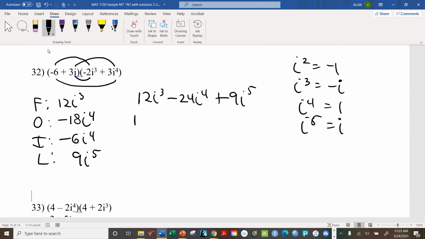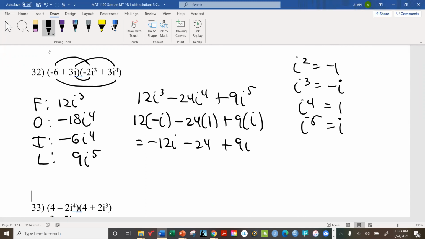So therefore, we have 12 times -i minus 24 times 1 plus 9 times i. So I've got -3i minus 24.